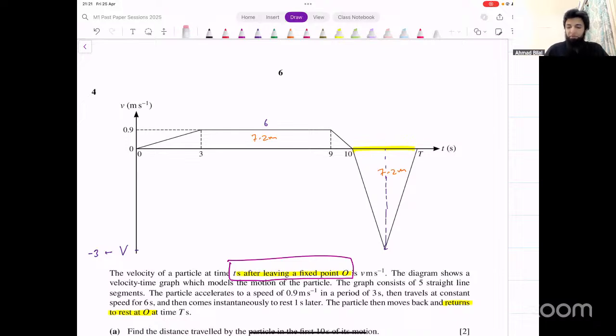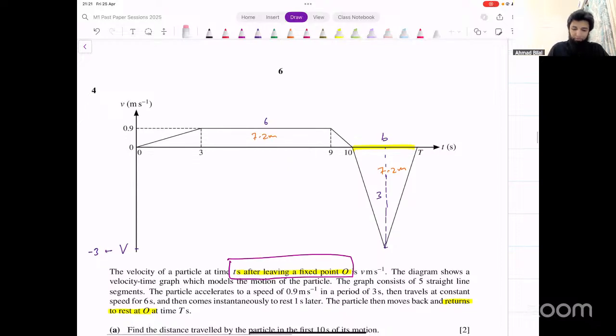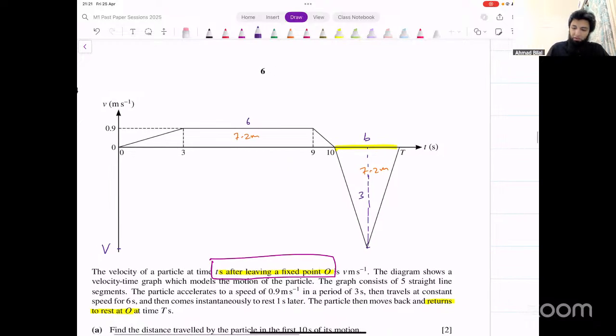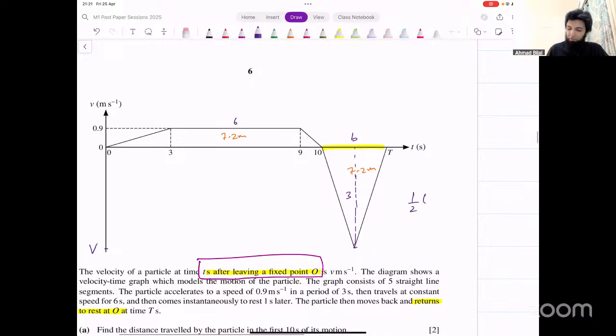And now we have to find the base of the triangle. This is 3, and we have to find the base. Let's call that b, the base. Half into base into height equals 7.2. And that will give you the value for b.